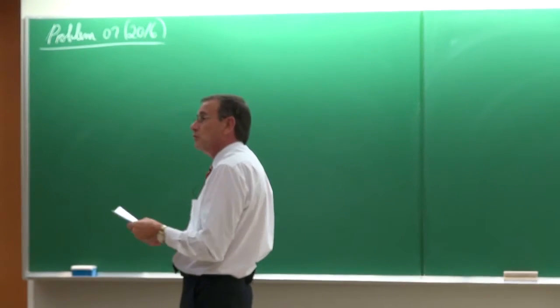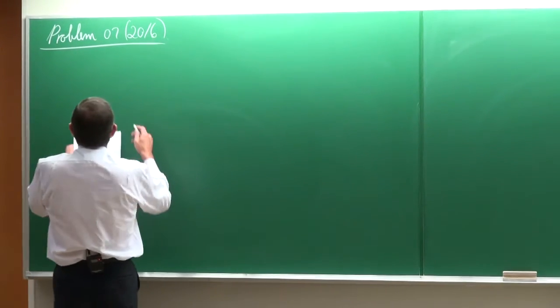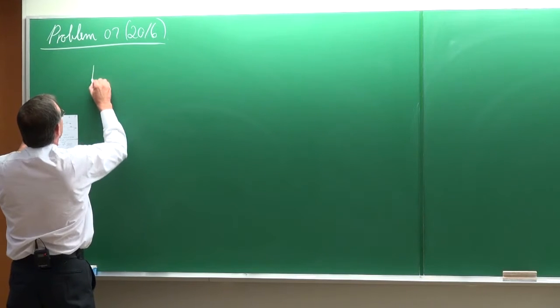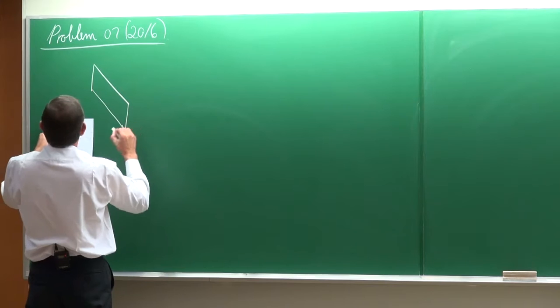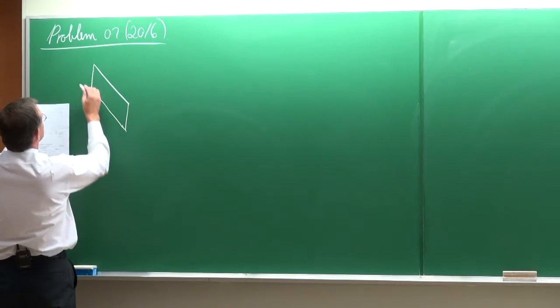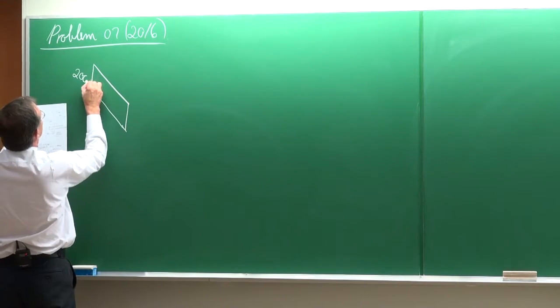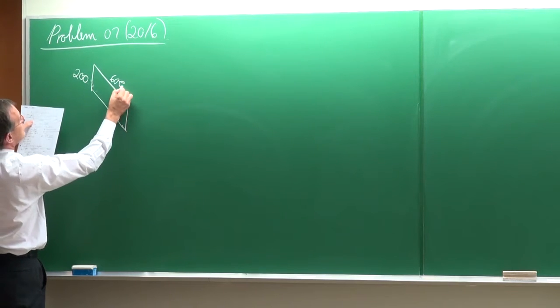Okay, so this problem is related to some of you who have worked in the heating, ventilation and air conditioning industry, the HVAC industry, or some of you who are going to work there, and that is a duct. And the dimensions of the duct are 200 millimeters and 600 millimeters.